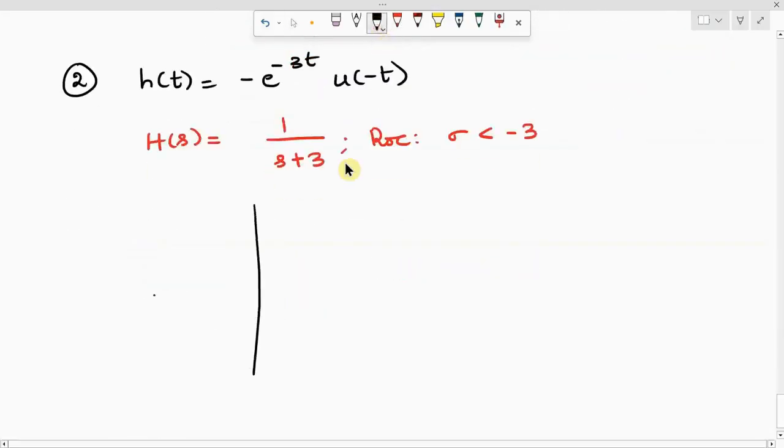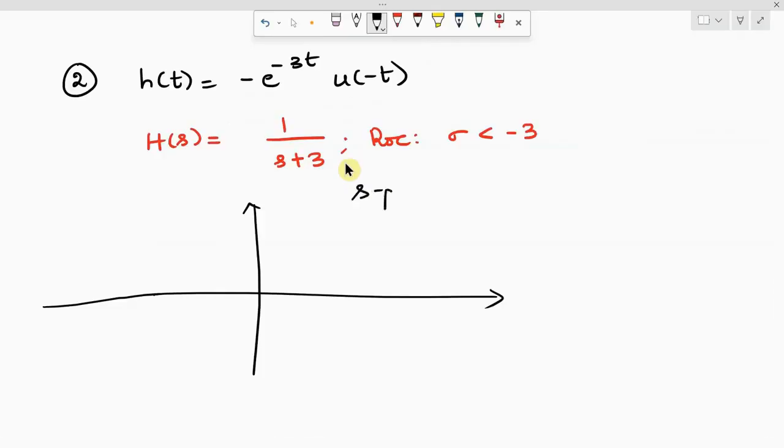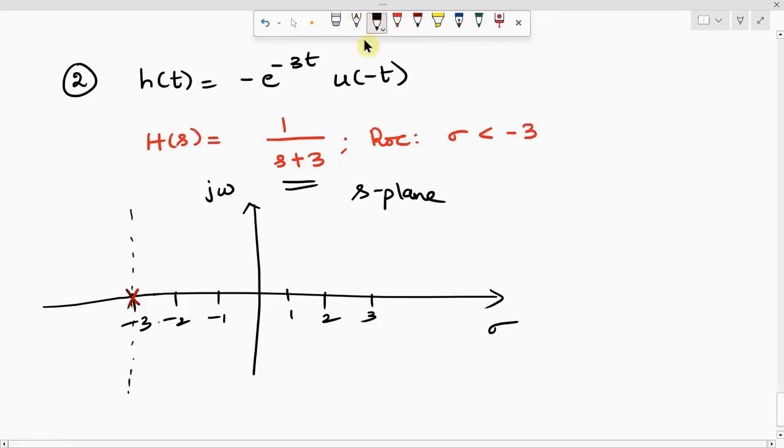So let me represent this in the S plane, sigma axis, j omega axis. 1, 2, 3, minus 1, minus 2, minus 3. And it is clear that the pole location is at s equal to minus 3. So represented there as usual, showing a dotted line at the pole location and marking the ROC sigma less than minus 3.